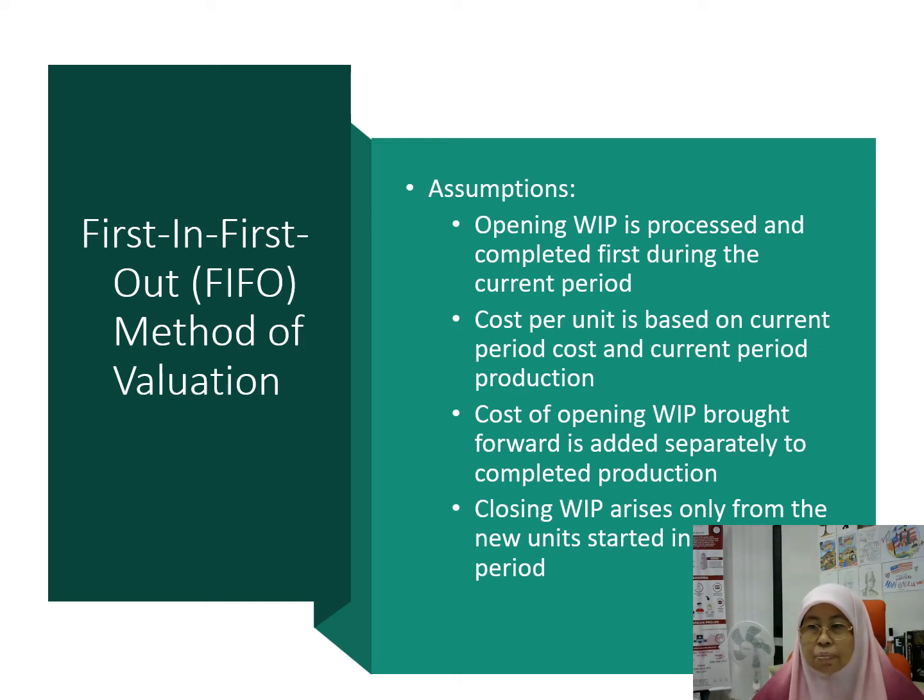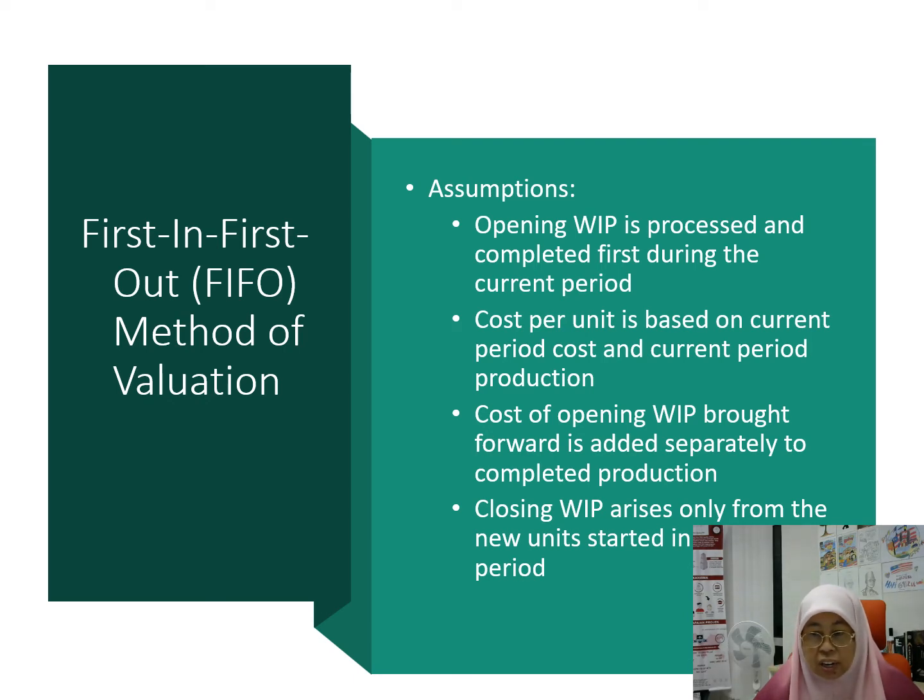The production will use all this opening work in progress, then the added material will be included to complete the current process. The cost per unit is based on the current period cost and the current period production. The cost of opening work in progress brought forward is added separately to completed production.